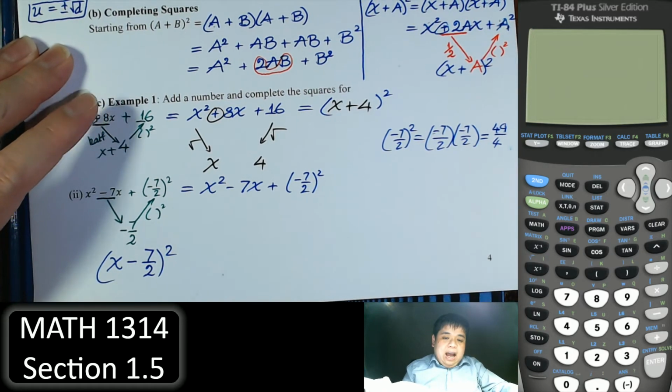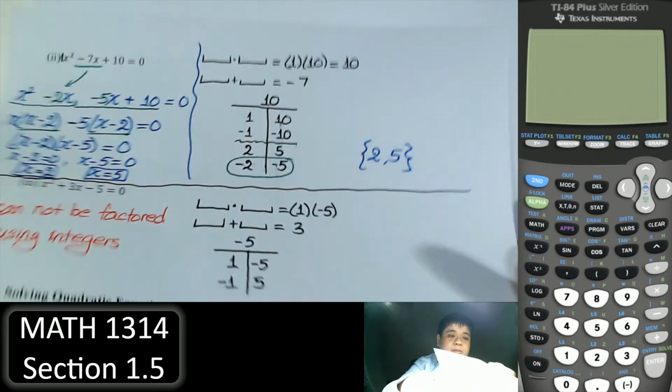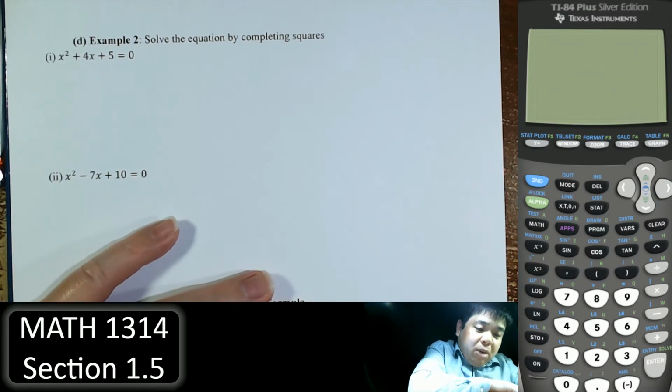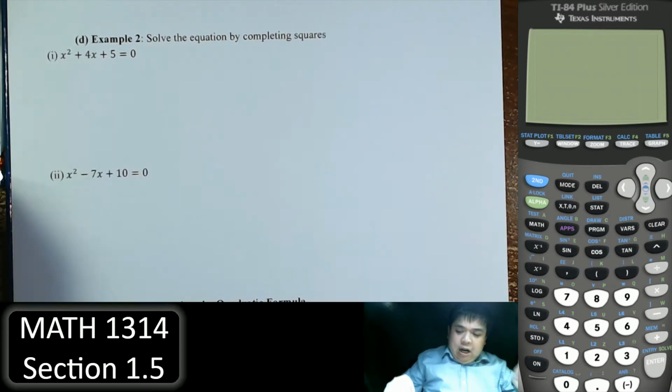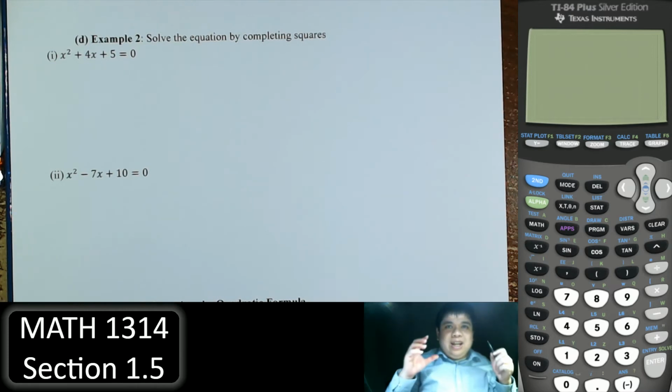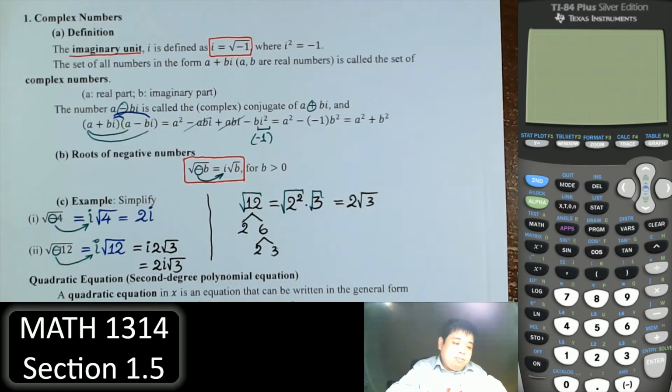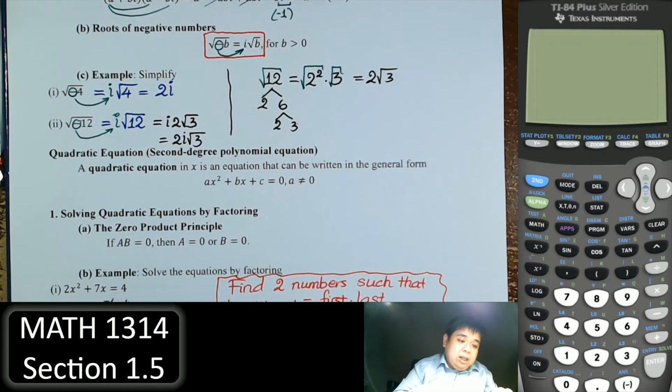Now, how do we use that to solve our problem? So let's look at this example. Solve the equation by completing the square. So first thing we do, completing the square is different than the zero product principle. Zero product principle, we want 0 on the right hand side. Let's just go back and note that on page number 3.